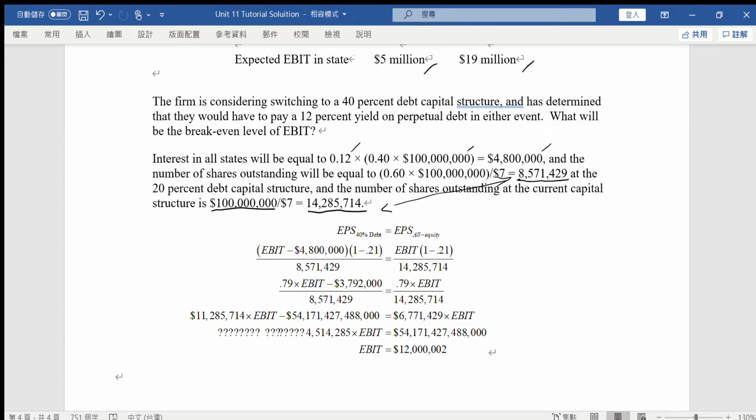Now we will make use of the equation to work it out, and that means both EPS are the same under the EBIT that we want to work out. We'll substitute all that into the formula, and the amount we don't know is the earnings before interest and tax. For this one, because it is financed partly by debt, we are required to minus the interest.